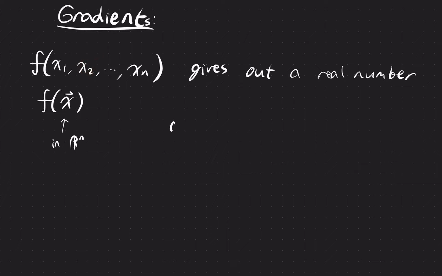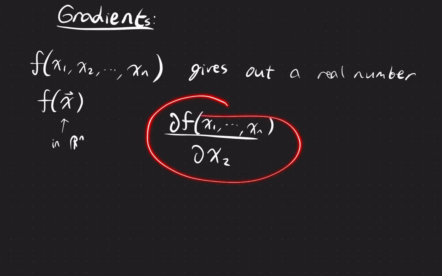The way we denote that is the partial derivative of f at all of the points over the partial of that variable. And the way you find this is you hold every single variable, x1, x3, x4, all the way up to xn as constants when you're differentiating, except you differentiate with respect to x2. You treat that one as your variable.